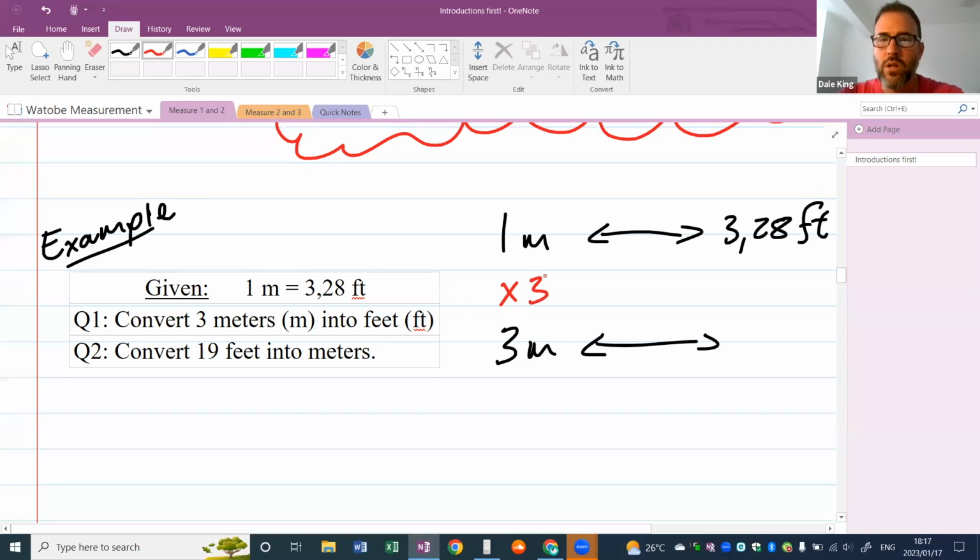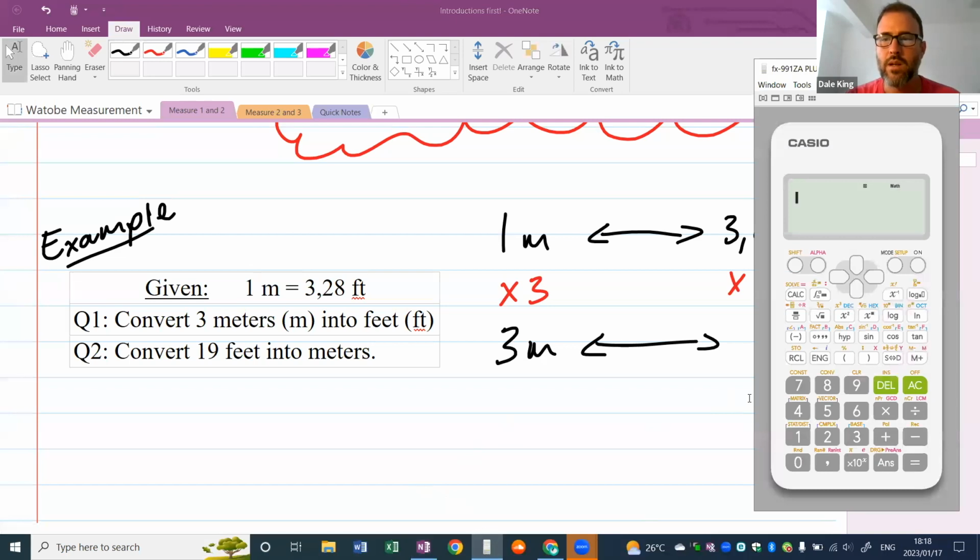So what you do on the left-hand side over here to change the 1 meter into 3 meters, you can also do on the right-hand side here. You do the same thing. Okay, so how does our 3,28 multiplied by 3 look? So here's my calculator. I'm just going to say 3.28, and multiply by 3. And our answer, let's change it into decimal form, is 9,84.